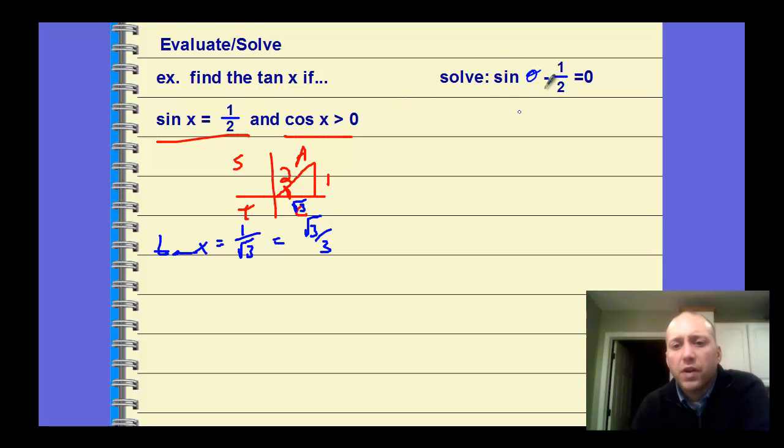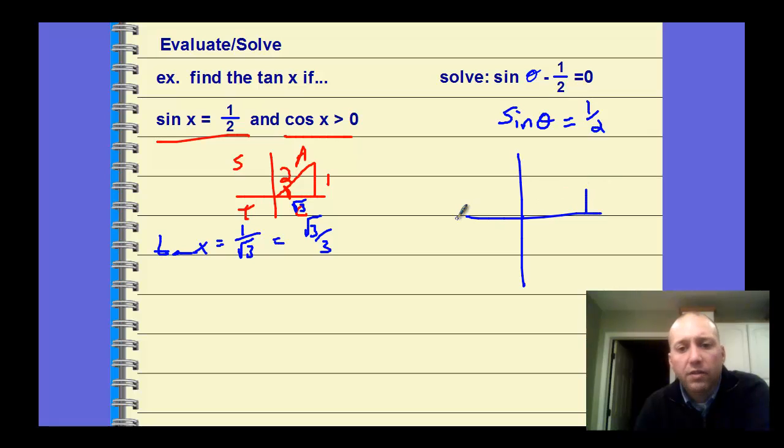And then we can also find here sine of theta minus 1/2 equals 0. So if I first isolate my trig function, I get this. Then I have to think on the unit circle, where is sine 1/2? Sine is the y value, so I want a y value that's 1/2. Both of those segments would have a y value of 1/2, which are created from these two triangles. It's the small leg of the 30, 60, 90.